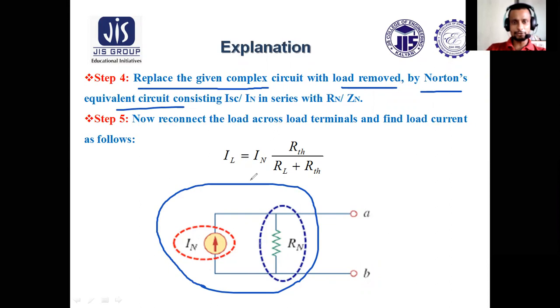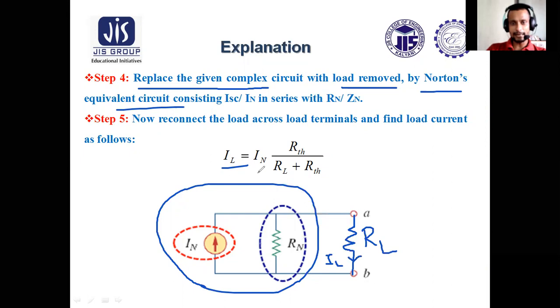At the last step, what will you do? We'll reconnect the load resistance RL. So once load resistance RL is reconnected, we'll find IL through this load resistance. The formula for IL can be found by using the current divider rule.